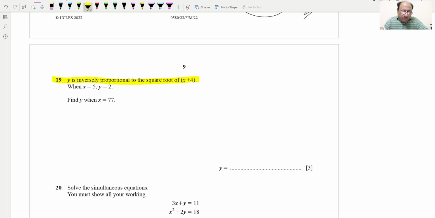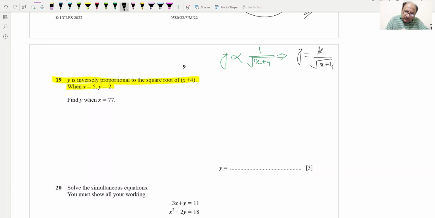proportionality question. Y is inversely proportional to the square root of x plus 4, and this implies we can write it as y is equal to k over under root of x plus 4, and they are saying when x is equal to 5, y is equal to 2.